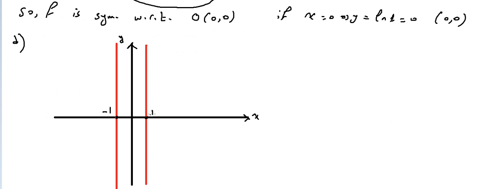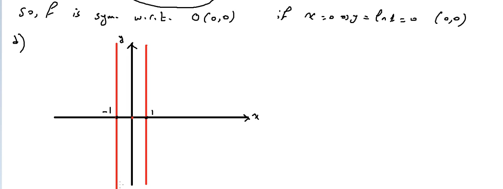The red lines are the vertical asymptotes, and we said that it's symmetrical with respect to the origin because it's an odd function. And it's strictly increasing, goes from minus infinity at minus 1 plus to plus infinity at 1 minus.